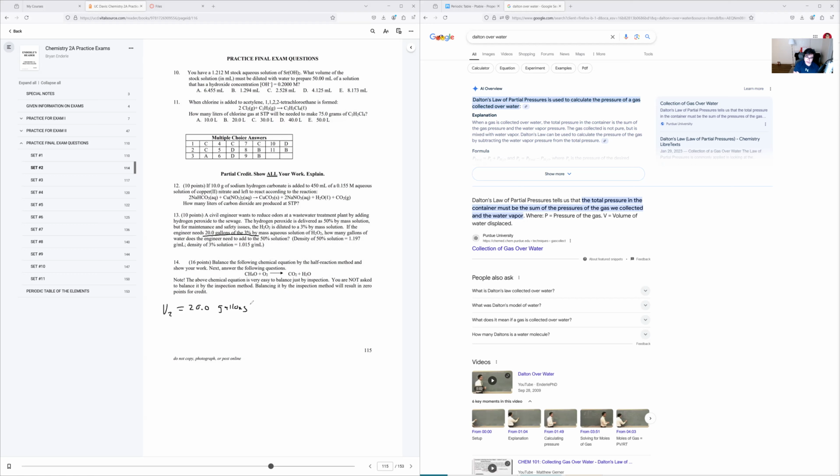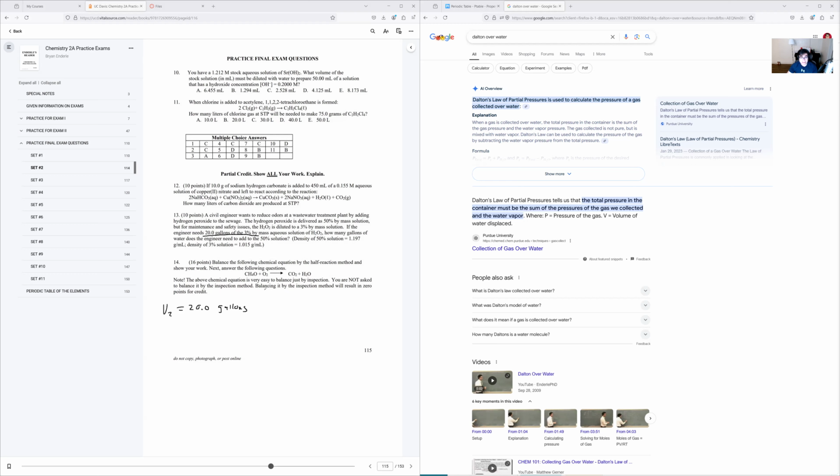So you first need to figure out how much mass of hydrogen peroxide you have in the 3%. Then we're going to figure out how much volume of the 50% we need to use. And then we're just going to use the rest with water to get to 20 gallons. Right, and then that's going to work out.